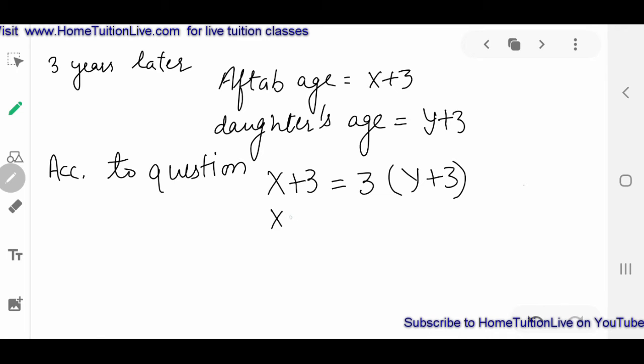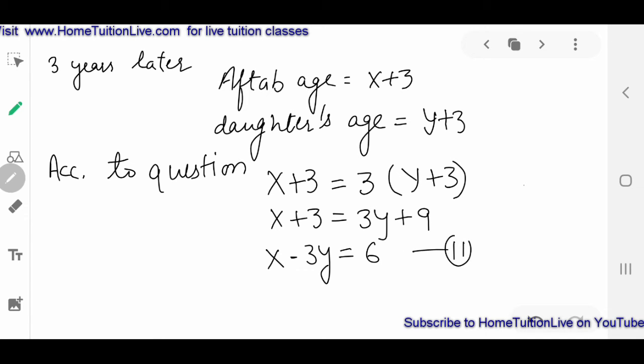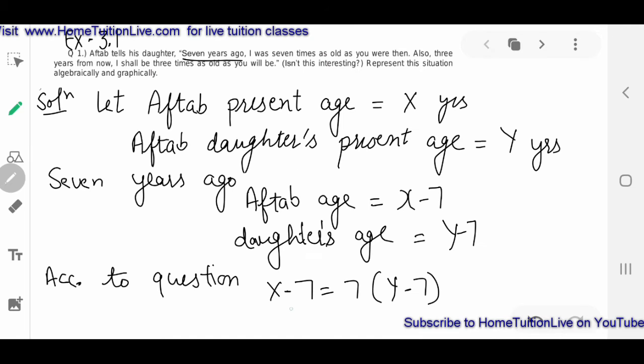x plus 3 equals 3 times y plus 3, multiply 3 in the bracket terms, 3y plus 9. Now rearrange the equation: x minus 3y equals 9 minus 3, which is 6. So this is our second equation. And our first equation, we will solve here: x minus 7 equals 7 times y minus 7, so 7y minus 49.